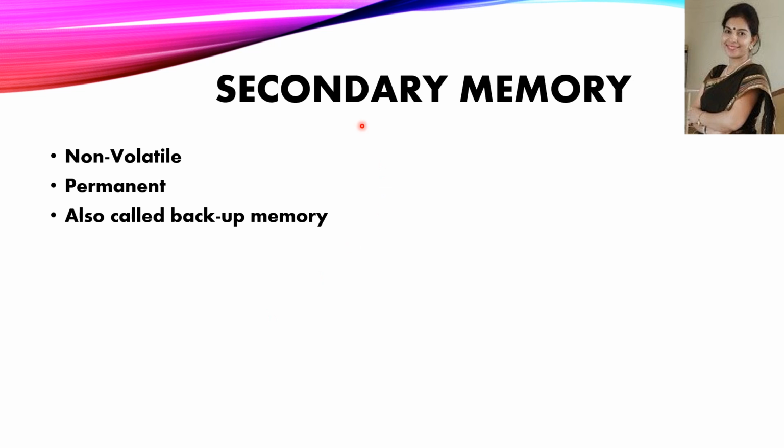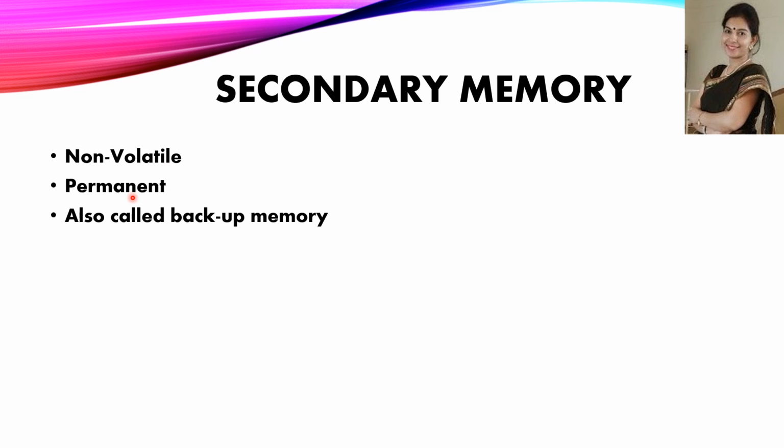So students, as we have studied, memory is of two types, the primary memory and the secondary memory. So let us see what secondary memory is. Secondary memory is used to store data for a longer time. It is non-volatile in nature, that is, the data is not lost when you power off the computer, and it is permanent in nature.